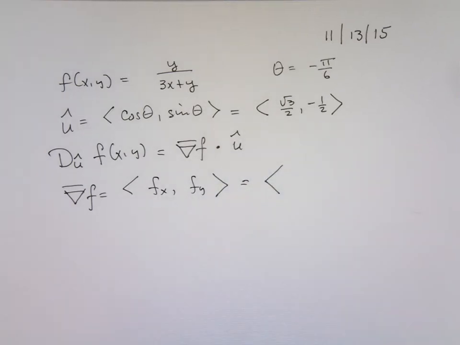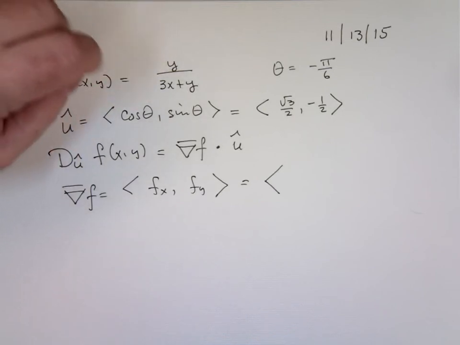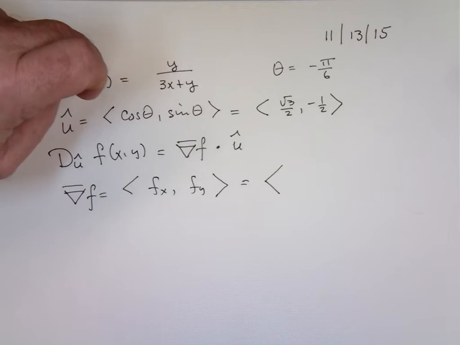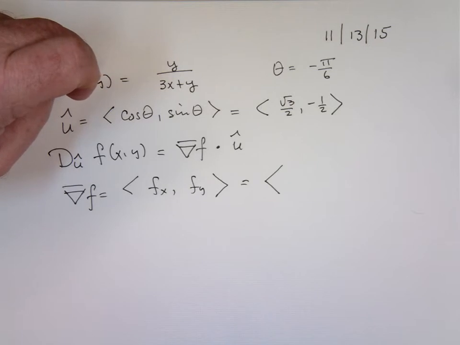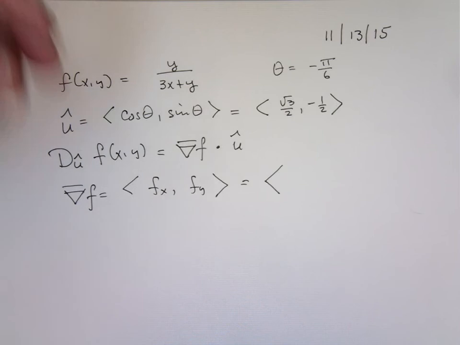Partial with respect to x is negative 3y over 3x plus y squared on the bottom. Yeah, and did you say negative in the front? Yeah, very nice. Just what Liam said. All right, here we go.